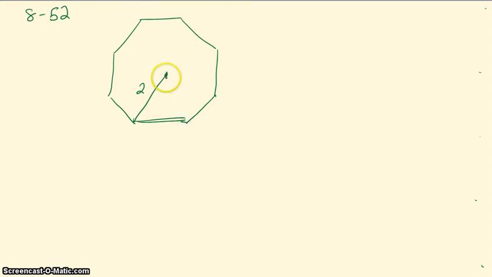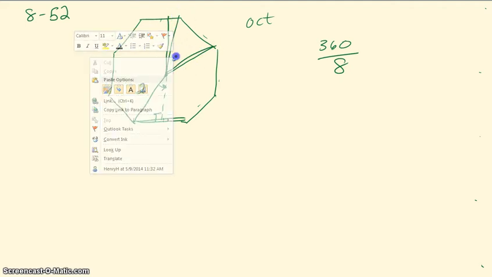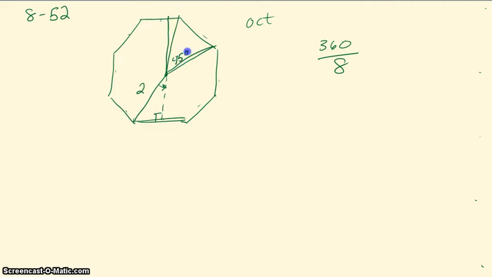And in 8-5-2, you're given a different part, but it's still a triangle. It's still part of an isosceles triangle, so you can still create this right triangle here. This happens to be a 1, 2, 3, 4, 5, 6, 7, 8 octagon. So if you wanted to know the measure of this angle here, 360 divided by 8 gives you 45. So you know your central angle is 45 degrees.